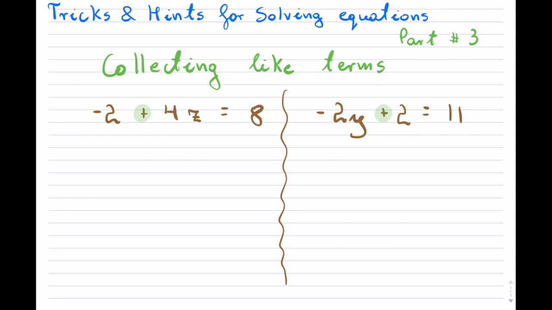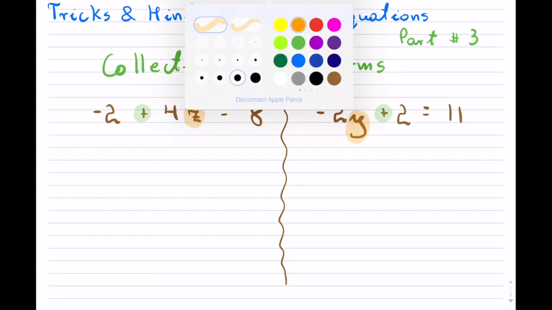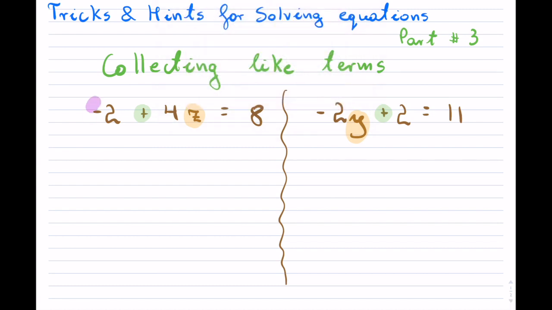So for instance, on the left-hand side I am solving for z, and on the right-hand side I am solving for y. That is all that I want to see. When I want to collect like terms, I want to collect everything that has just my variable, and in this case that's not the case because I have a -2 here, which I do not want.